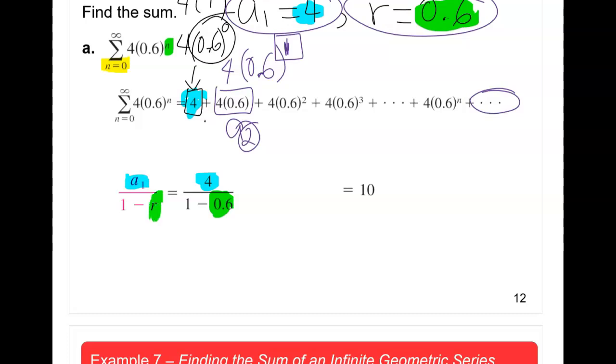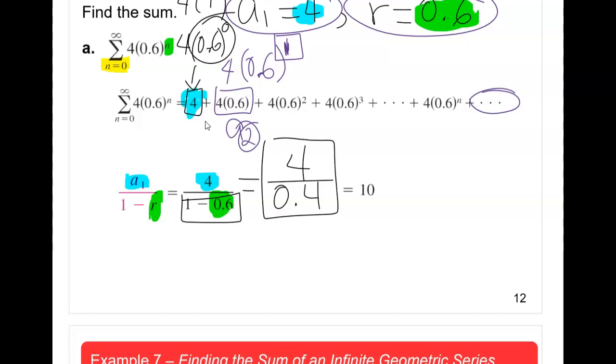To enter this on the calculator, you could calculate 1 minus 0.6, which will be 0.4. Then divide 4 by 0.4, and it does happen to be 10.